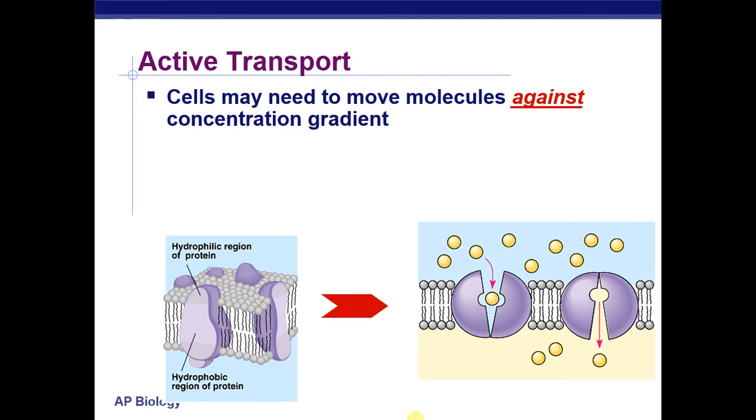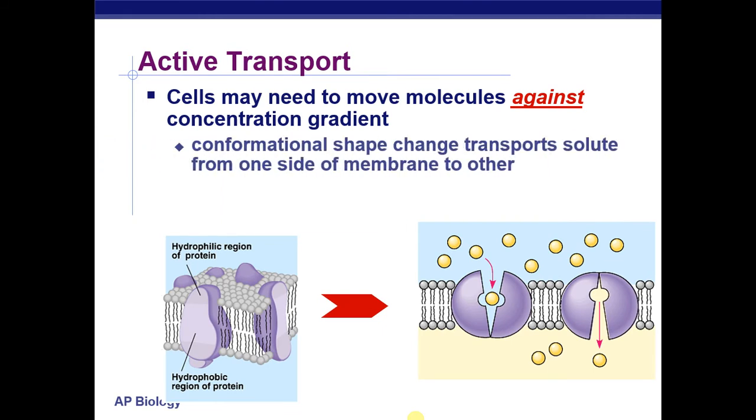On the other side, cells will often need to move substances against their concentration gradient. So in the opposite direction, move from an area where their concentration is low to an area where the concentration is high. And this is called active transport, okay? It requires energy.